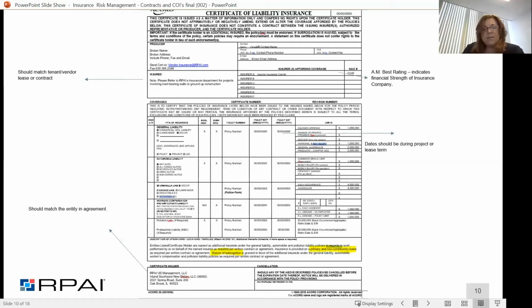The last box down here, you'll see it shows pollution or professional. That box is normally blank, and it allows the broker to fill that in as necessary with any additional coverages that may not be standard in the pre-printed form of the Accord itself. So this is where they can evidence the pollution or the professional liability.